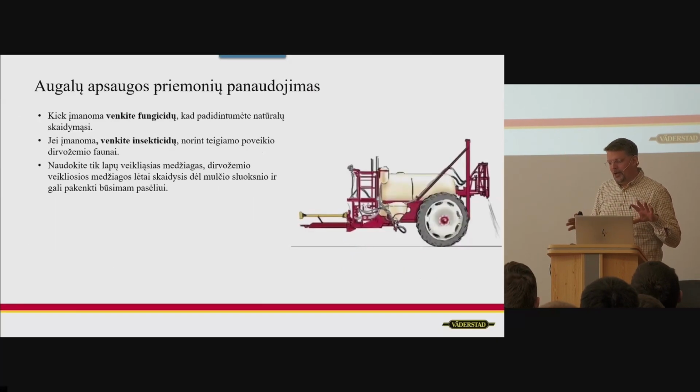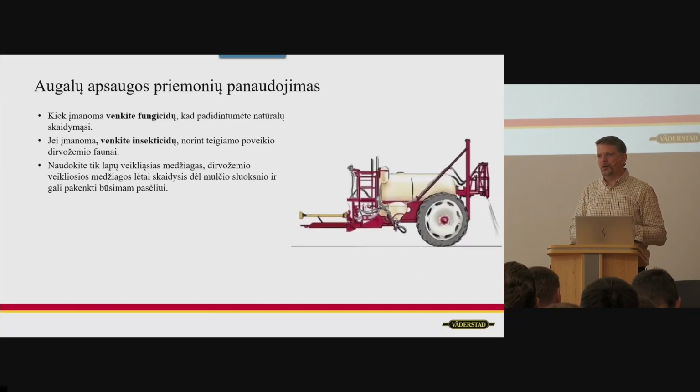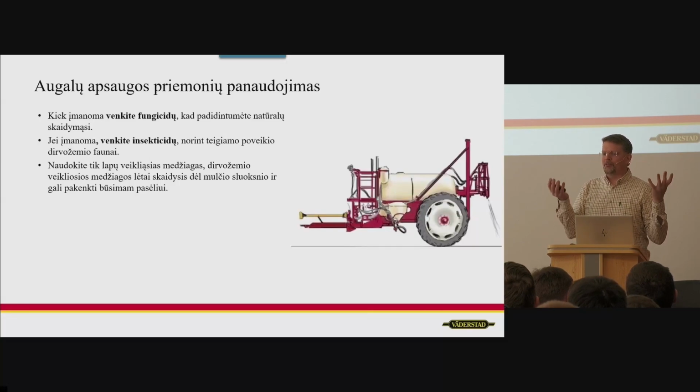And if we try to think about what we're doing here, we're working with fungi, because the fungi should break down our residues as well. So try to reduce at least the fungicides you're using. Insecticides, only use them if you really need them. If you can avoid them, it's good, because they also kill off the good insects.